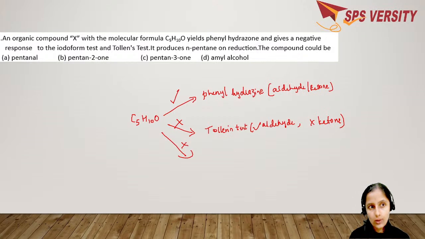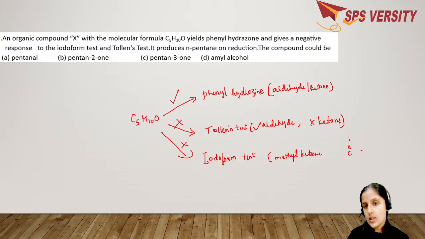So it could be a ketone, and you are doing the iodoform test. This iodoform test is answered by the methyl ketones. That means a ketone, or C double bond O, which is attached to the CH3 group.